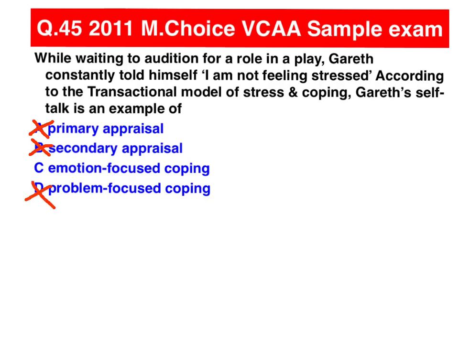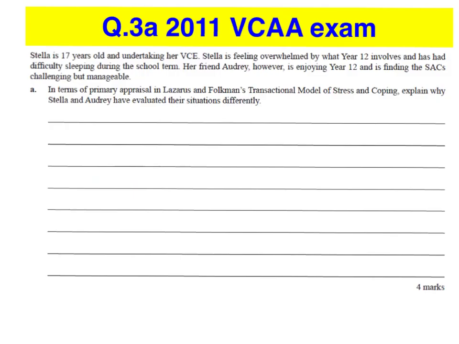But because he's basically in denial, i.e. he's distancing himself from the problem, that's an indication that he's not managing the problem, so therefore the answer is emotion-focused coping. So sticking with the T model of stress and coping, we've got to relate this response to the primary appraisal, which is the key aspect of this question.